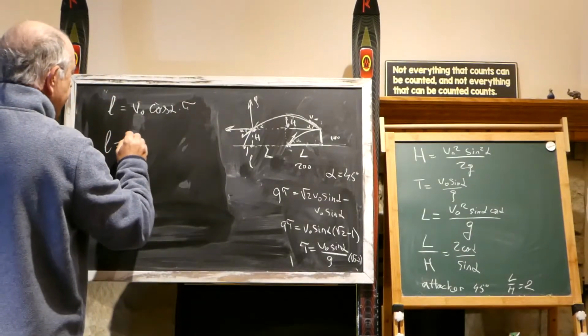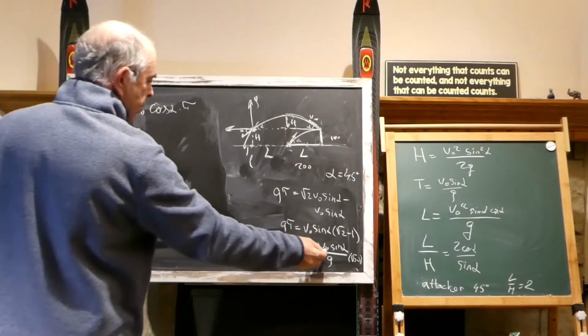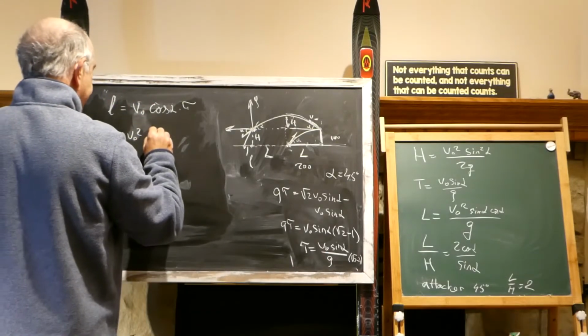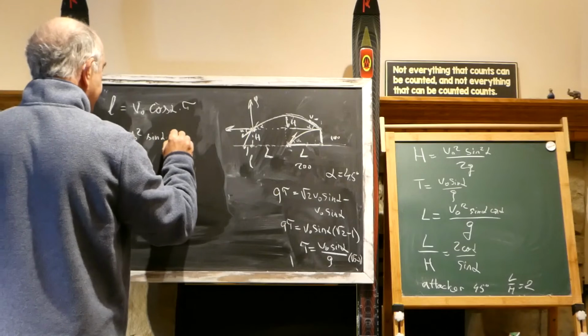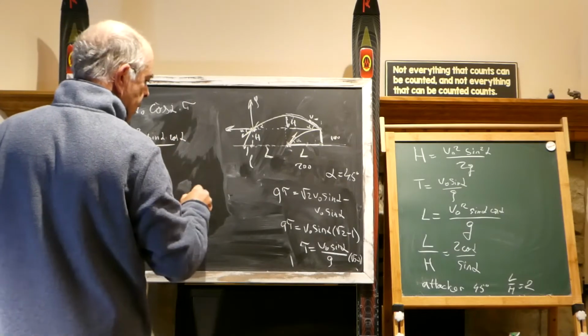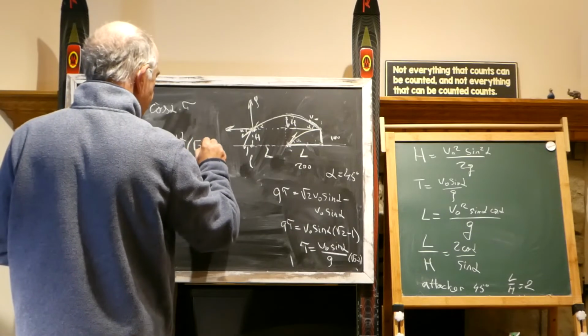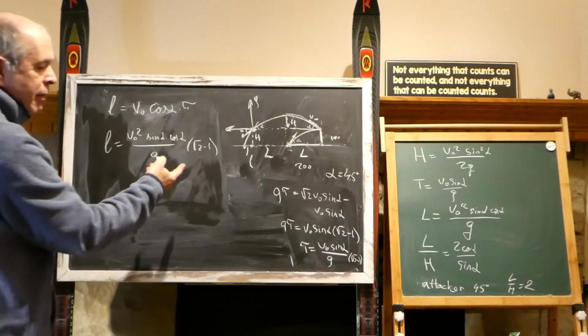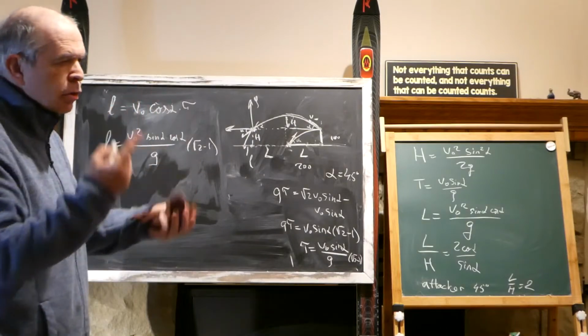So this L becomes v0 squared sine alpha cosine alpha divided by g and multiplied by the square root of 2 minus 1, which is a number. The square root of 2 is 1.4, minus 1, 0.4.